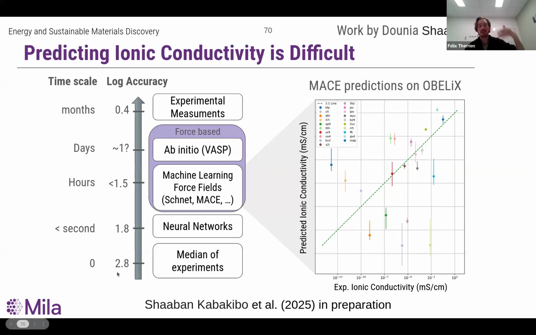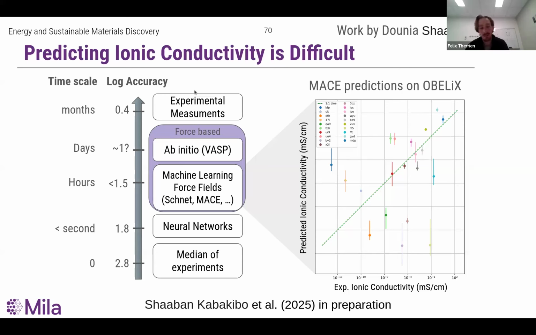So what's the goal of having all these models? Well, if we want to do active learning, there's a thing called multi-fidelity active learning, where the neural network will not only choose which experiments to try, so which material to try next, but also with what model. For example, if you're very confident that a material is good, you could choose to try it in experiment.